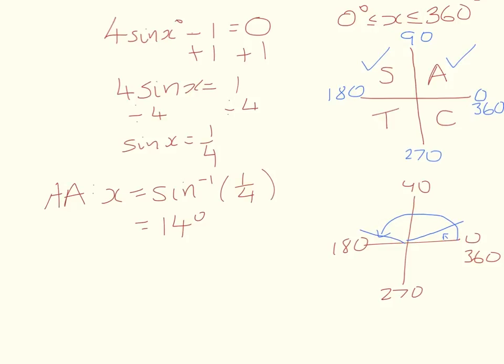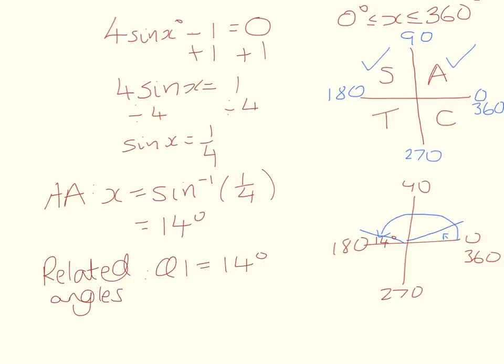Okay, so our related angles, therefore. The first one can be found in quadrant 1, and the first angle simply is 14 degrees. In quadrant 2, we know that this little angle in here is 14 degrees.